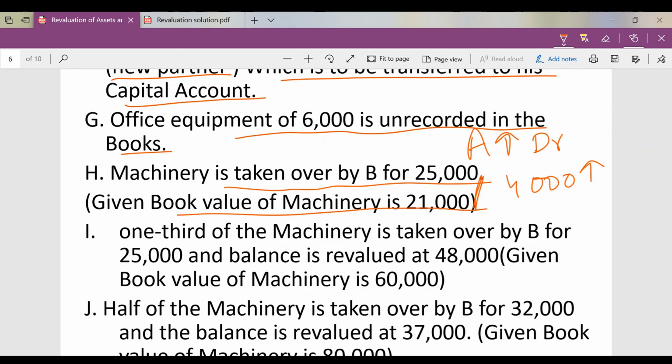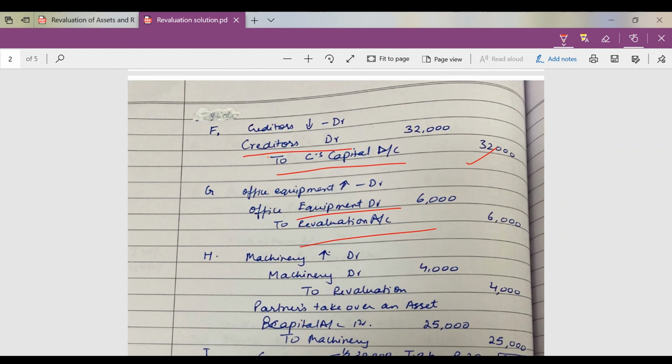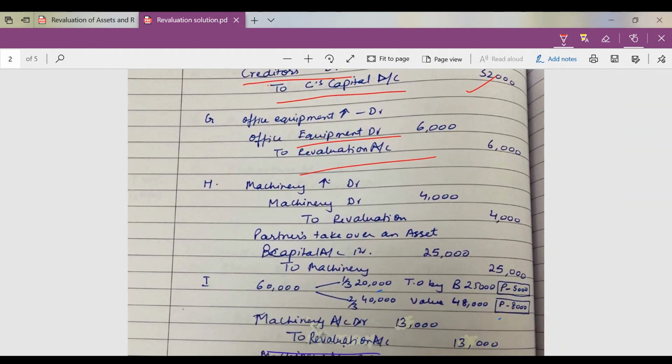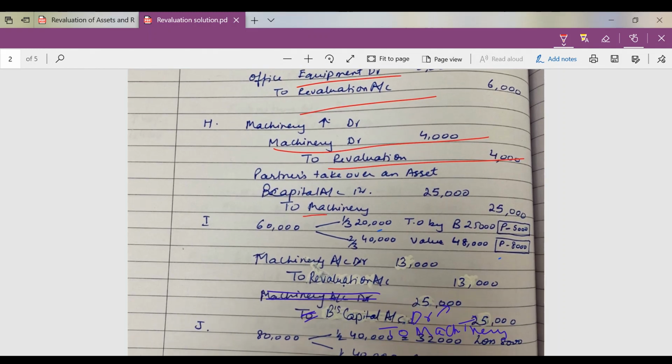Entry would be machinery account debit to revaluation account. That is for the increasing of the value of the machine. Secondly, the partner is also taking it over. So if you see the entry, first entry will be machinery account debit to revaluation account. And when the partner is taking over, machinery will go out at the new value, that is 25,000. And I would debit the person who has taken the machine, debit the receiver and credit what goes out, right?